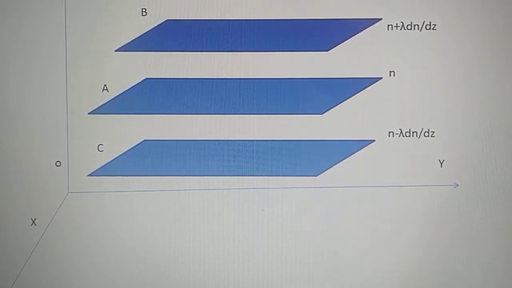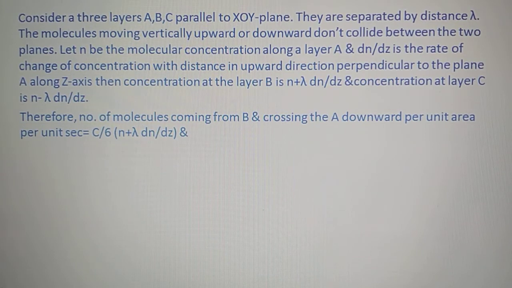So let's go for the discussion and simplify this, as we have seen the derivation of the earlier two topics. This is quite similar to both. Let's consider three layers A, B, C, and all these three layers are parallel to the plane XOY. They are separated by a distance lambda.